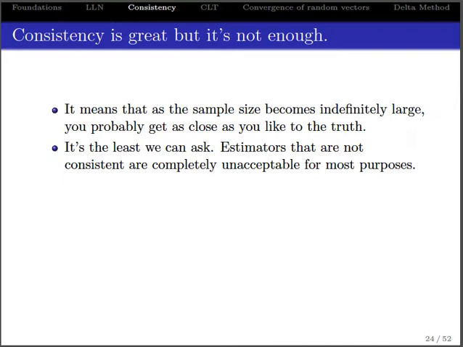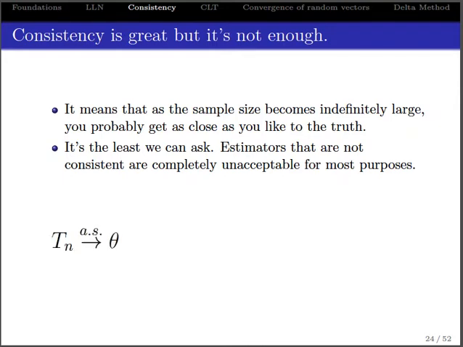Estimators that are not consistent are completely unacceptable for most purposes, which is one of the main reasons for bringing it up in this course, because it's the failure of consistency that will reveal that there's a really serious problem, maybe with a statistical model under some circumstances or with some applications. So check consistency, and if it's true, all you can say is, okay, great. And if consistency fails, then there's a real problem.